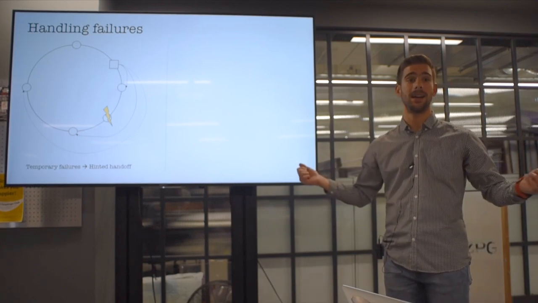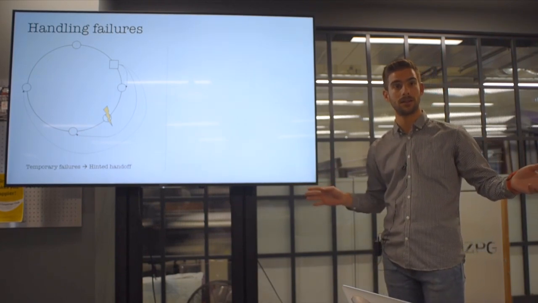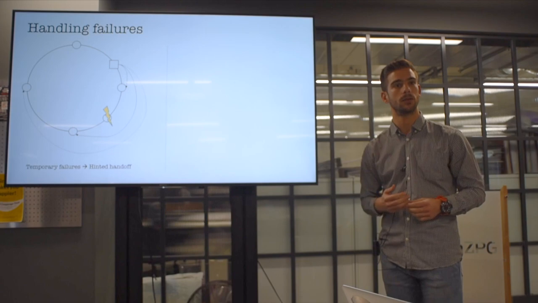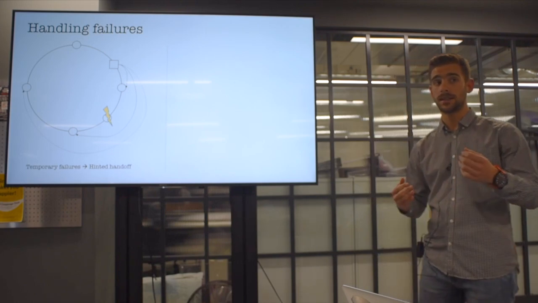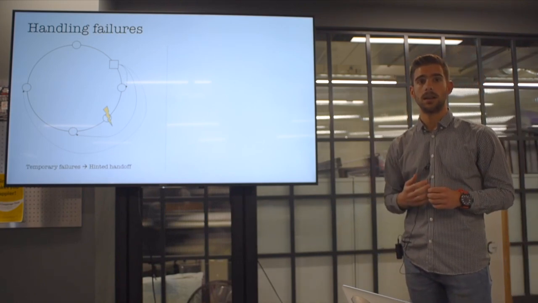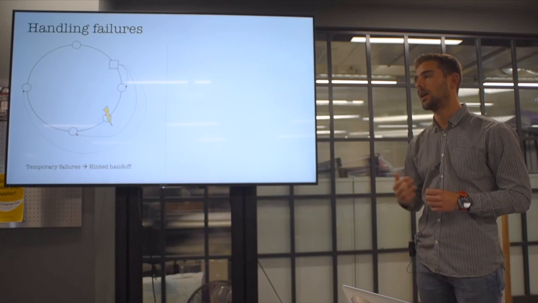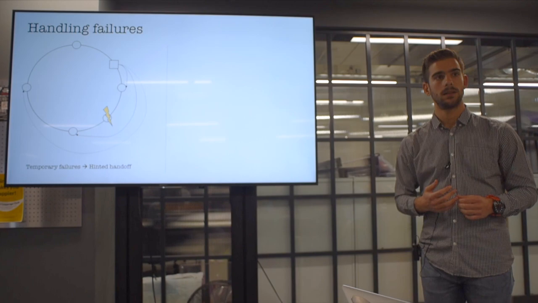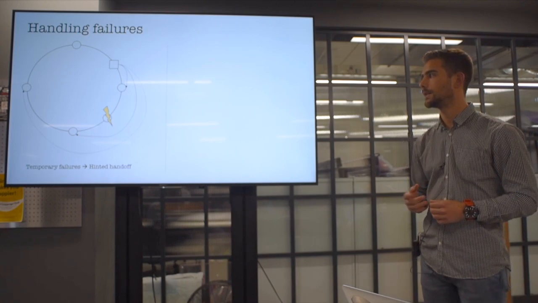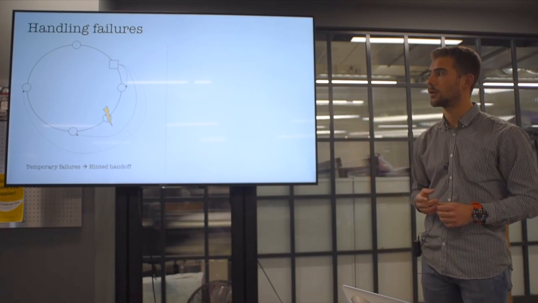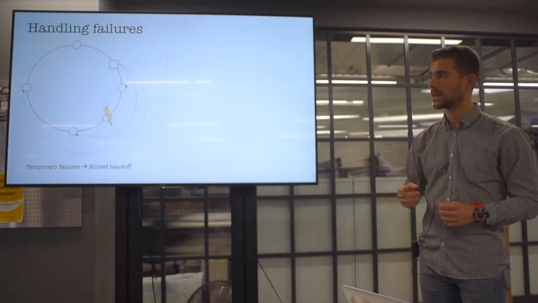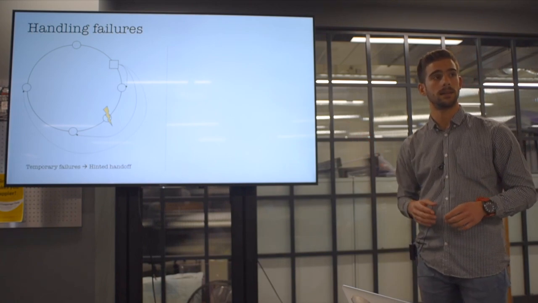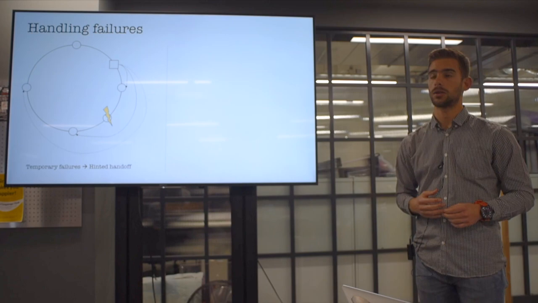So availability is much higher. You have the whole farm to leverage and give handoffs temporarily. It increases write availability even more. However, it poses some durability risks, right? So what happens, for example, if the handoff is passed on to the fourth node, and before the second comes up, the fourth node dies? Data might be lost.